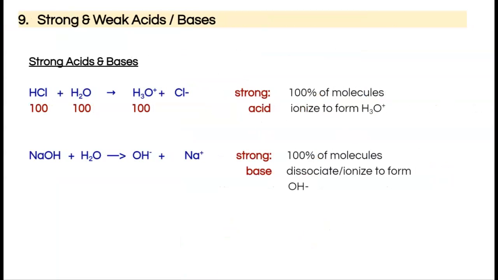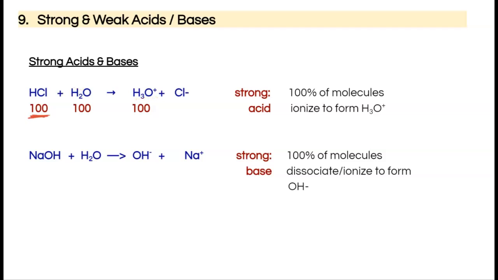So let's take a look at strong acids and bases and define them a little bit more. So a strong acid is one where, when in water, you'll see 100% ionization. Okay, so if, for instance, I had 100 molecules of HCl here in water, then all 100 of them would donate a proton to water and form that hydronium ion.